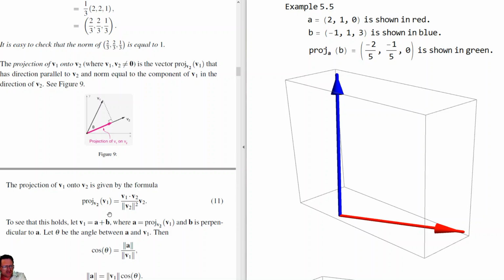All right, so this is given by the dot product of v1 and v2 over the norm of v2 squared times v2. Right, now the first part of this, the fraction part here, that's a scalar and v2 is a vector. So we obtain a vector here. So you can see that it has to be parallel to v2 just in its description.